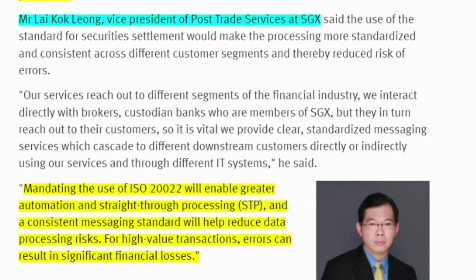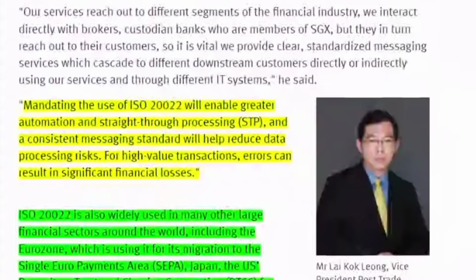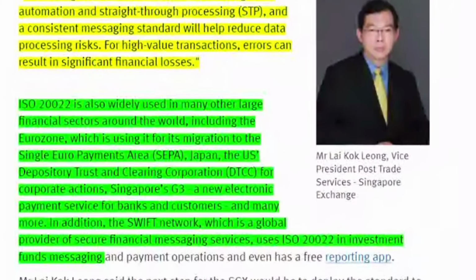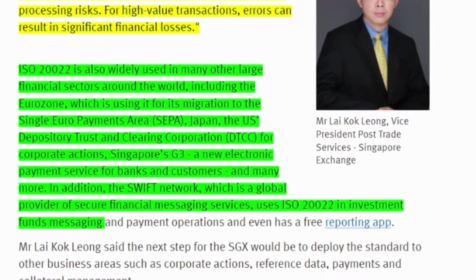A consistent messaging standard will help reduce data processing risk for high-value transactions. Errors can result in significant losses. His words reflect the real issue to be fixed by these ISO standards, piecing together the fragmentation in traditional financial markets.